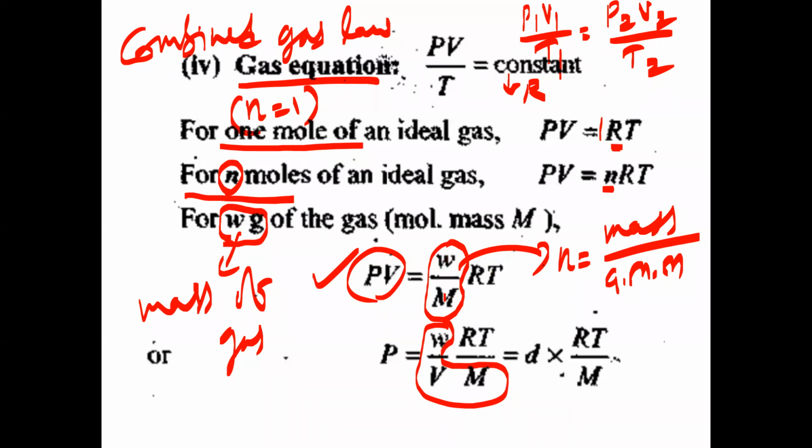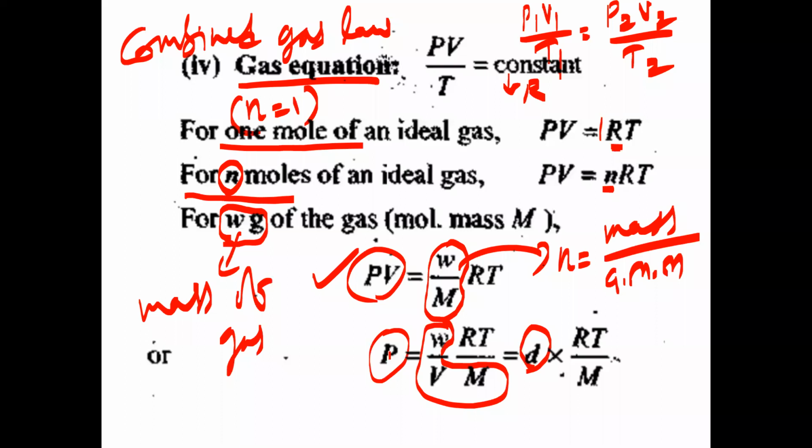V is taken to the denominator on the right-hand side, so P is equal to WRT by VM. P is pressure. Now mass by volume is density, so P is mass by volume into RT by M. This is the formula for the pressure of the gas.